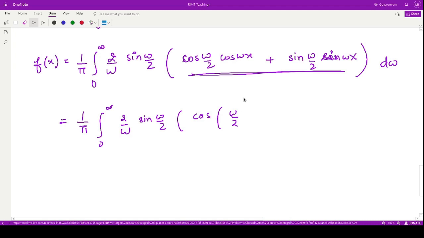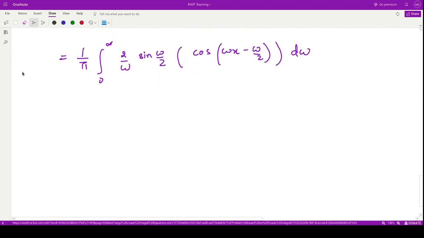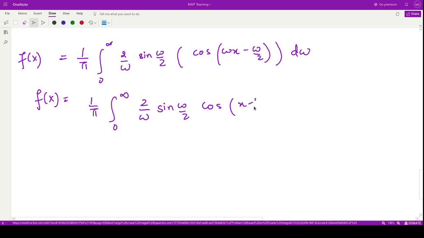This term would not be cos A plus B, it would be A minus B. So I could write this to be cos (omega x minus omega by 2) d omega, right? So we have the value of f of x as equal to 1 by pi integration 0 to infinity 2 upon omega sine omega by 2 cos of (x minus 1 by 2) omega d omega. Now this is the simpler version of the Fourier integral that we obtained.